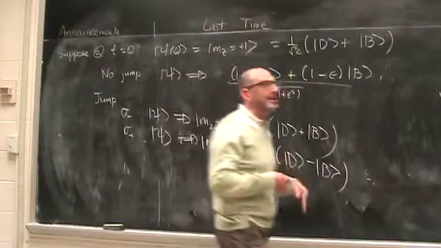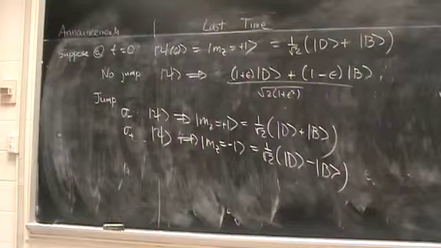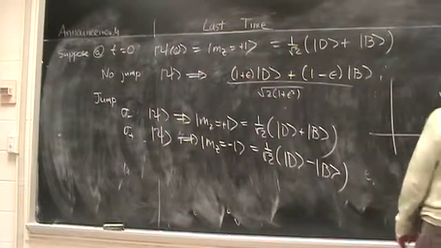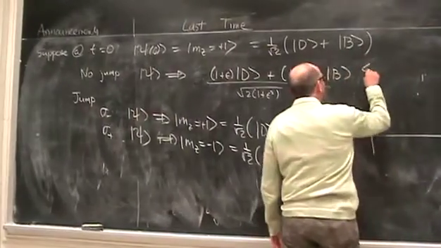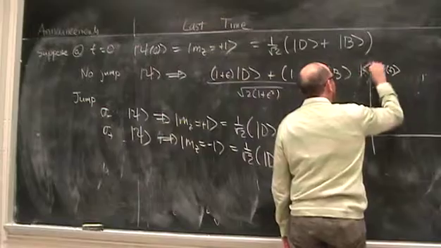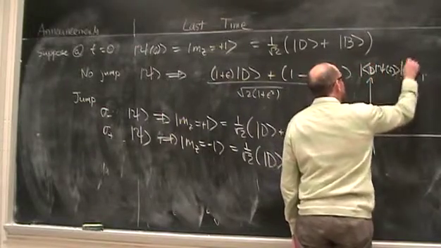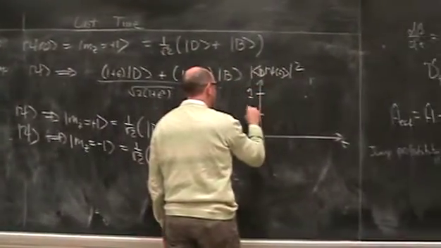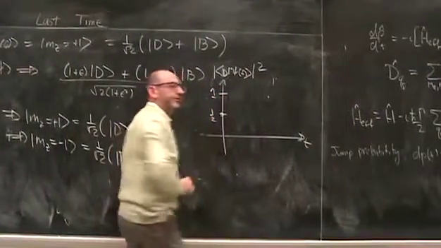So if I were to simulate this, and you will if you do your homework for extra credit, you will find that if you look at the overlap of your system with the dark state as a function of time in a particular realization, it starts 50-50.